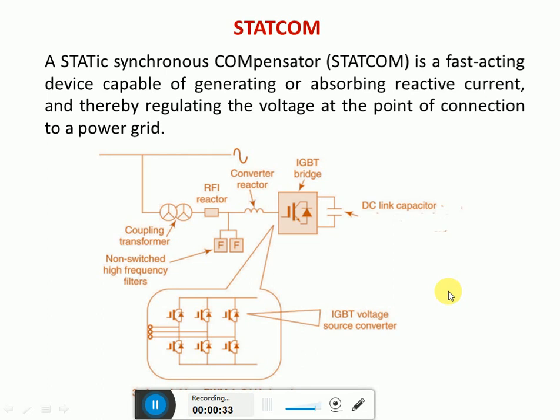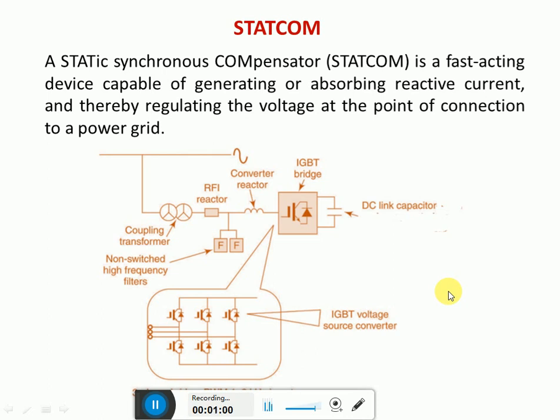Basically it's a shunt connected device which is a fast acting device and capable of generating and absorbing reactive current or power so that it can regulate the voltage at the point of connection.